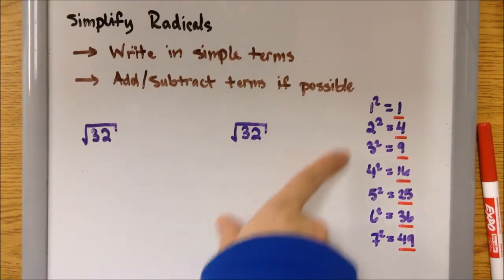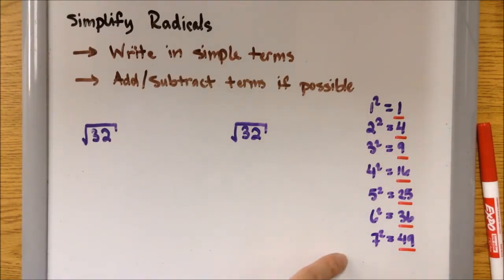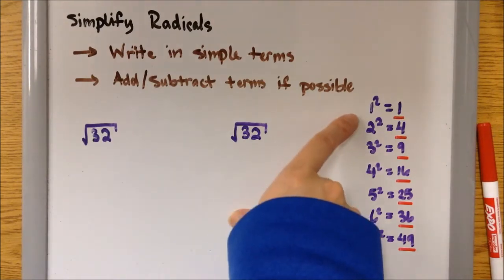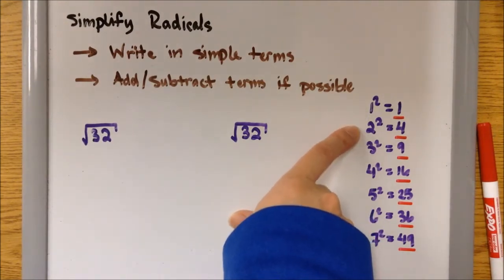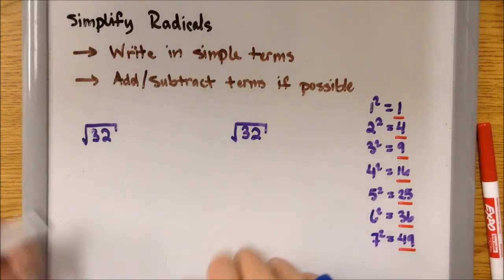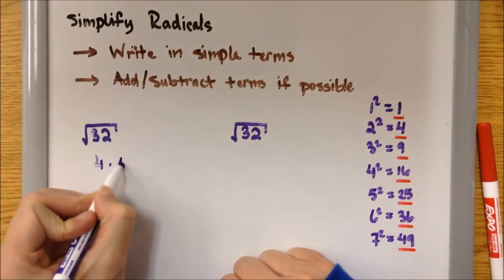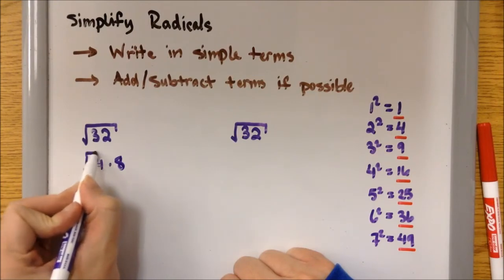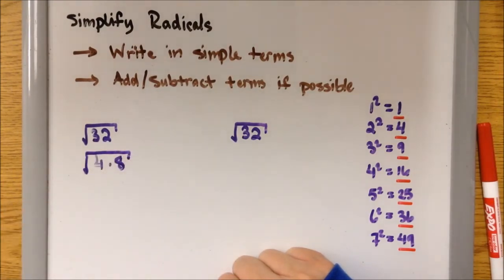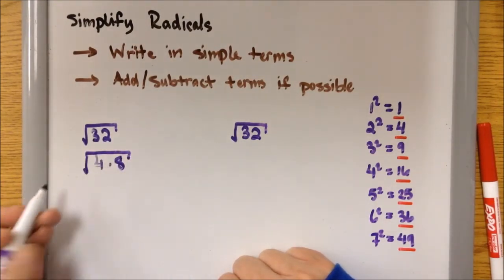Now, simplifying the square root of 32. If I were to look at these, your first thought is you could use 4 and 8 for 32. So let's do that. So 4 times 8. So I have the square root of 4 times 8, so I'm going to break it down.